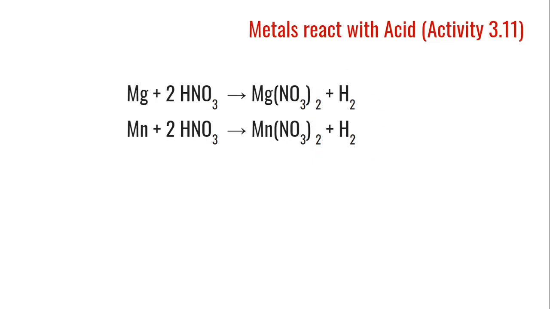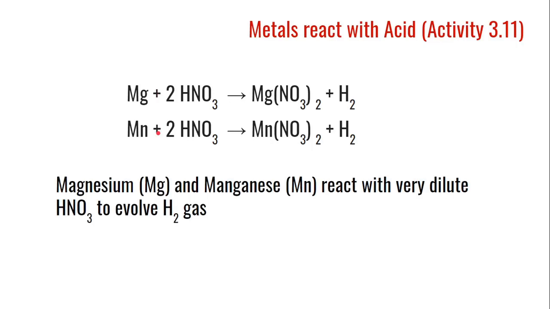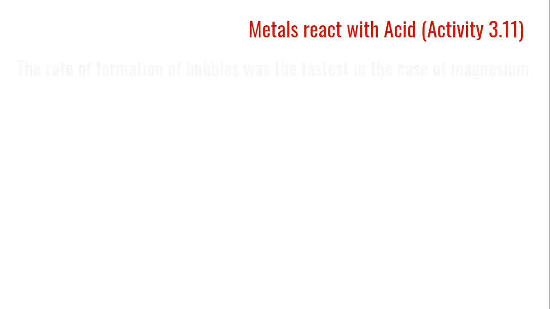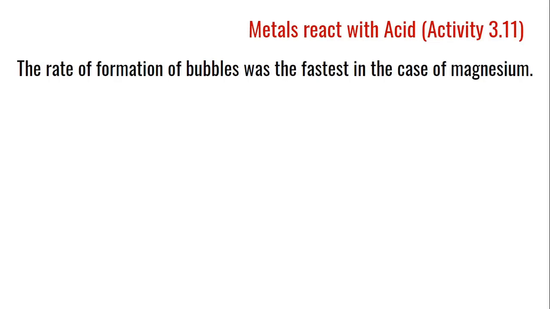Mg plus 2HNO3 gives Mg(NO3)2 plus H2, and Mn plus 2HNO3 gives Mn(NO3)2 plus H2. So these two metals, manganese and magnesium, react with very dilute HNO3 to evolve H2 gas.